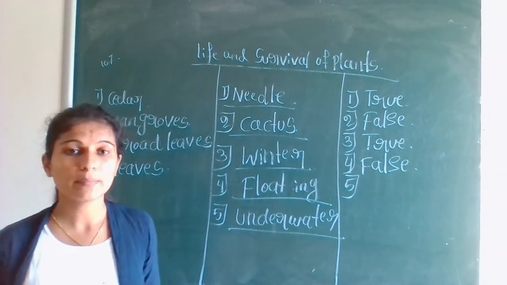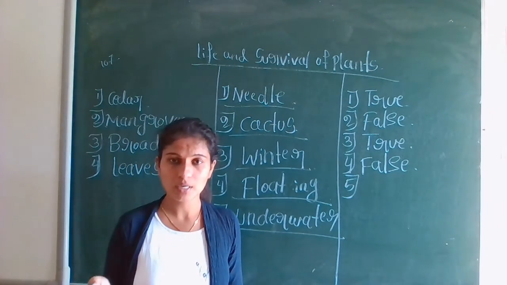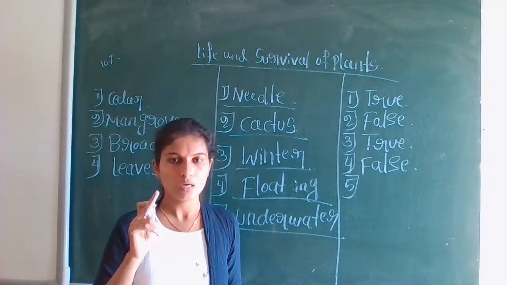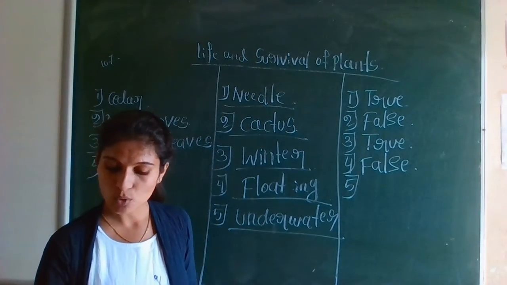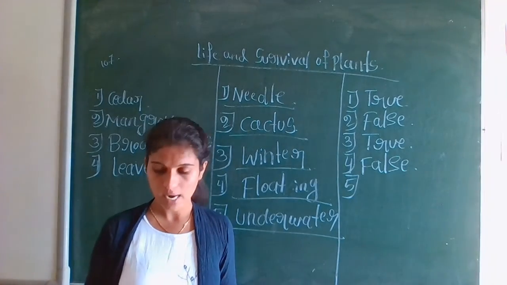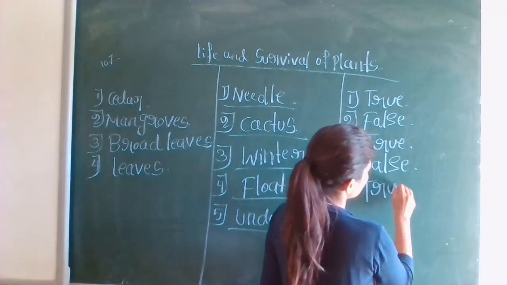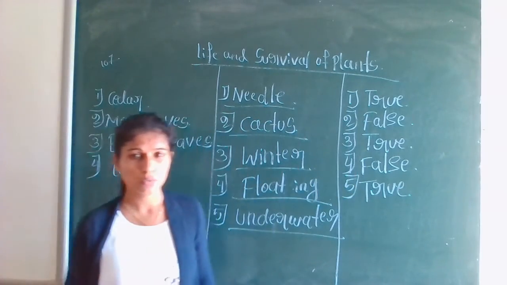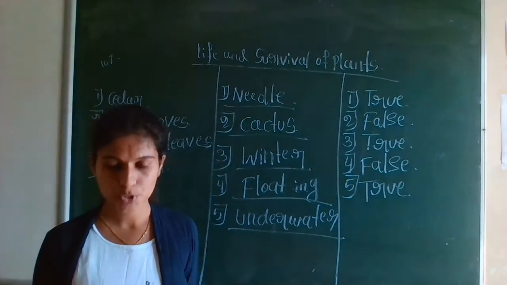The plants that grow in the water are called aquatic plants. Next, cactus grows in dry desert areas. Yes, it is true. Cactus is a desert plant.